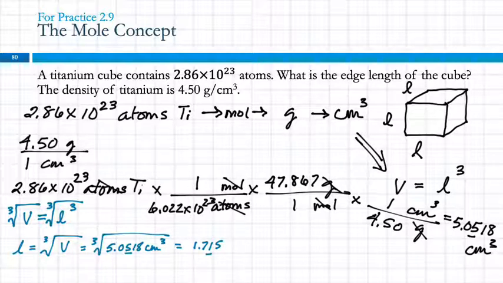This would still have 3 sig figs. I can check to make sure I use the cube root button correctly by multiplying this by itself 3 times. Yeah, and I get 5.05 back, so I did it right. Now I can round this, and it's 1.72 centimeters.